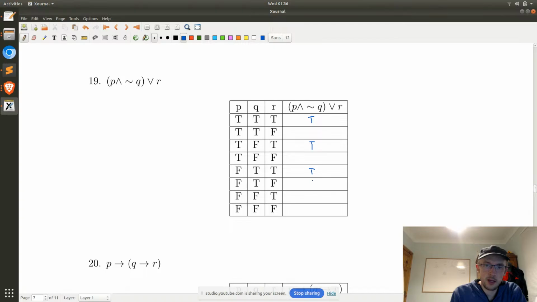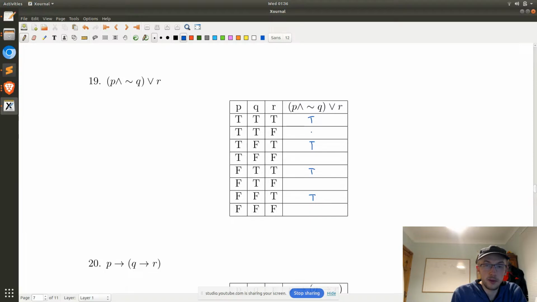So straight away we get these rows done. Now this here needs to evaluate as true for the entire compound proposition to be true. So let's see if it does. So true and false.